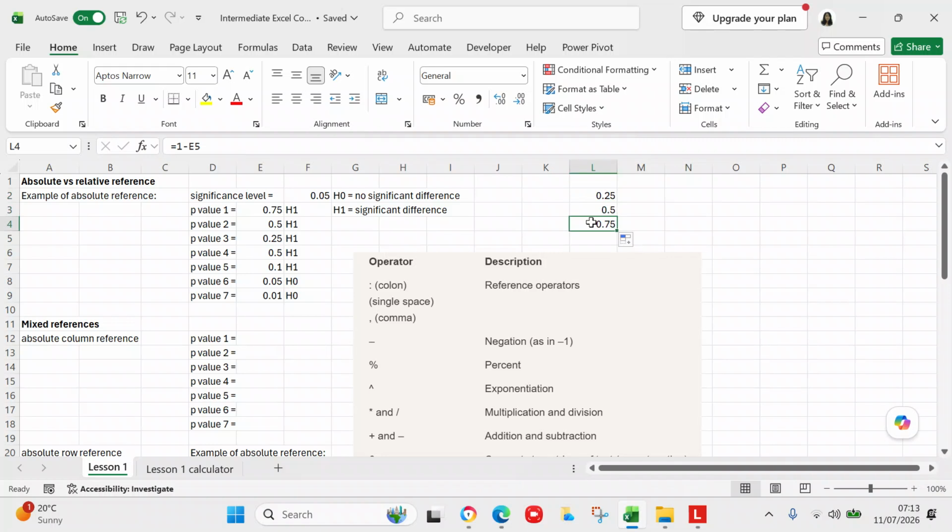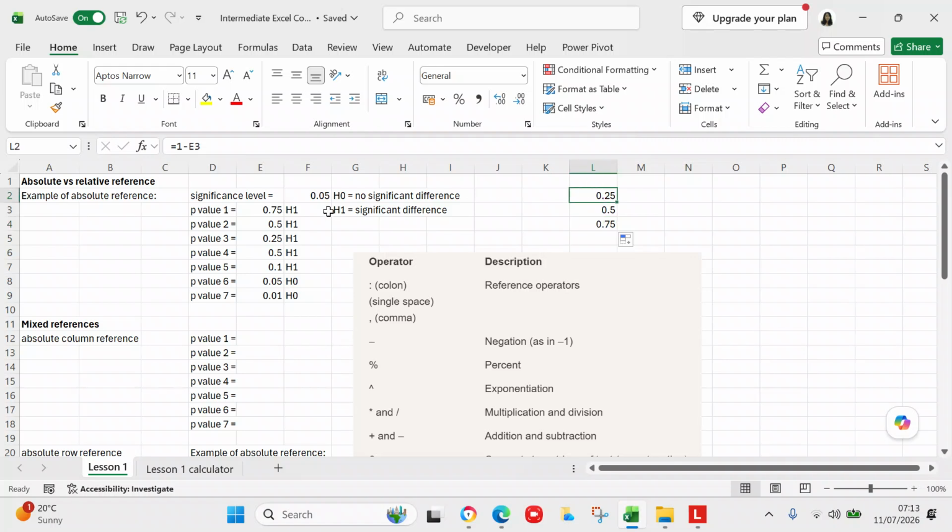L4 is 1 minus E5. So that's showing you that the cell references are relative, and you can copy and paste the formula into another cell, and because it's relative, it will automatically change.